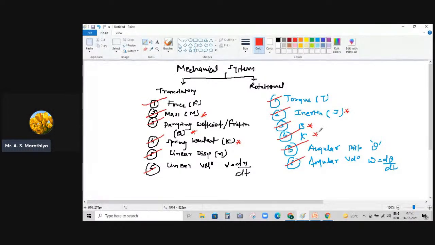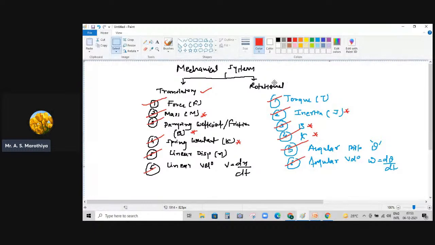And once we know the force or torque equivalent component of each fundamental operating component, we can easily write the mathematical equation at equilibrium condition corresponding to force in translatory, or torque in rotational motion type mechanical system.